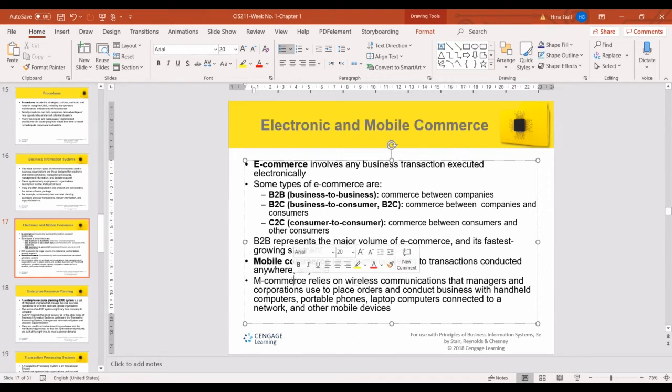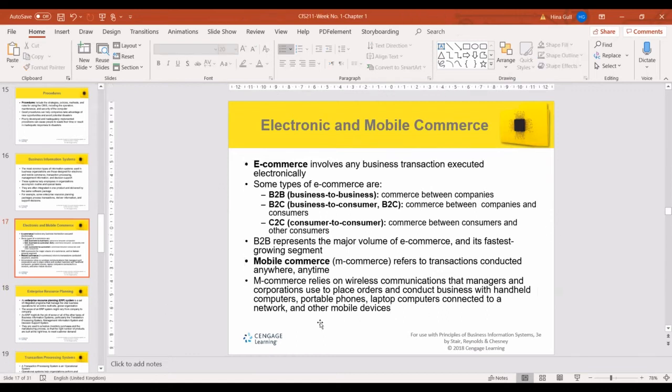It relies on wireless communication that managers and corporations use to place orders and conduct business with handheld computers, portable phones, laptop computers connected to a network and other mobile devices. You're familiar with this. Most companies have these facilities, so a large number of consumers are attracted to mobile commerce.